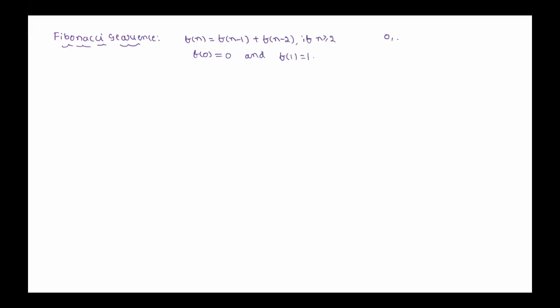That is our sequence: 0, 1, 1, 2, 3. Now, how to solve this recurrence? It is of the form f of n minus f of n minus 1 minus f of n minus 2 equal to 0.